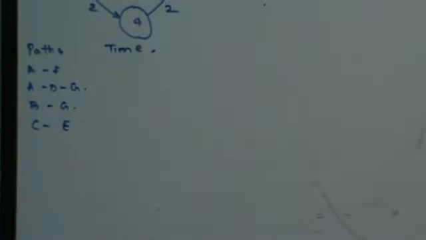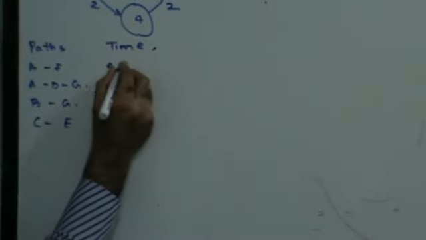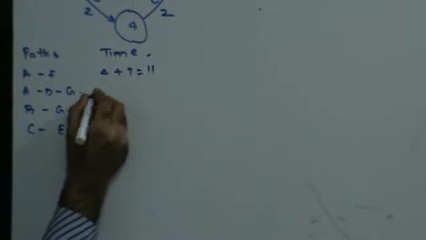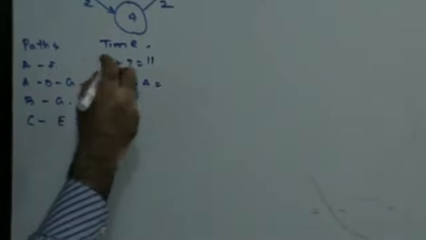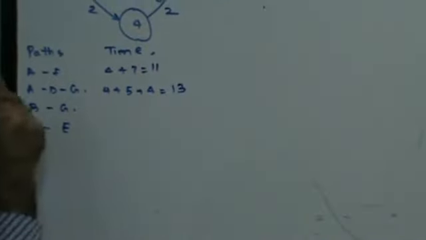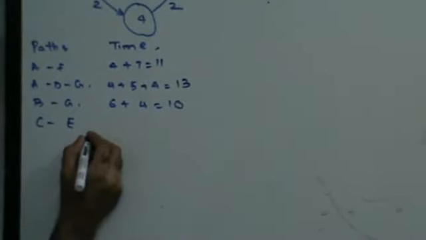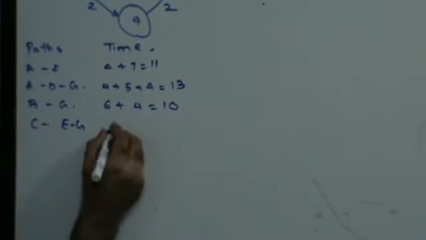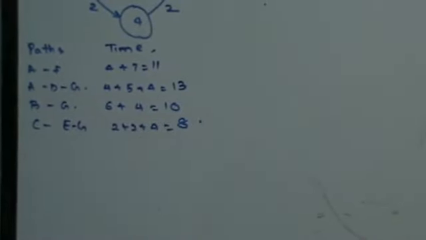If I consider path AF, AF is 4 plus 7, that is 11 days. ADG is 4 plus 5 plus 4, that is going to be 13 days. BG is 6 plus 4, that is 10 days. CEG is going to be nothing but 2 plus 2 plus 4, that is going to be 8 days, right?